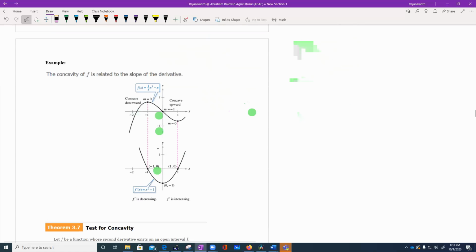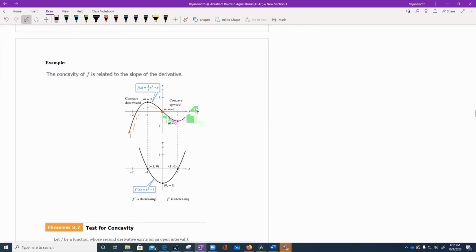Now if you look at these two pictures, the original picture is here, right? f(x). From this point to this point, the function is concave down, right? After this point, you see the concavity is turning the other way.